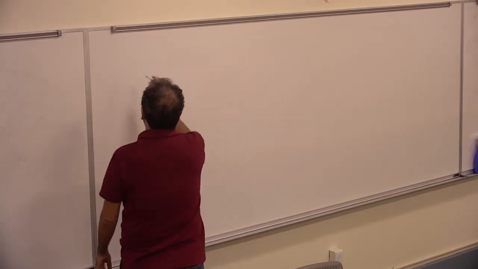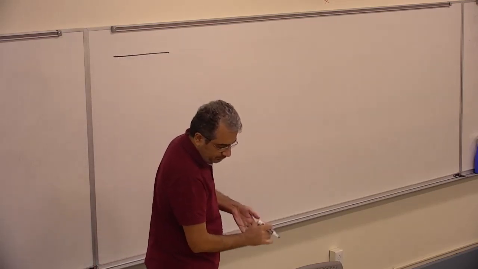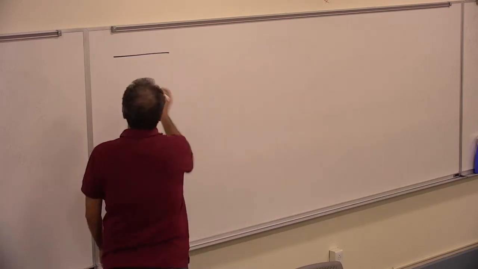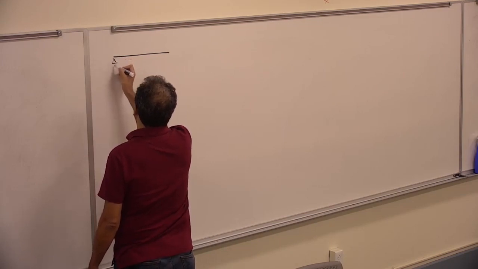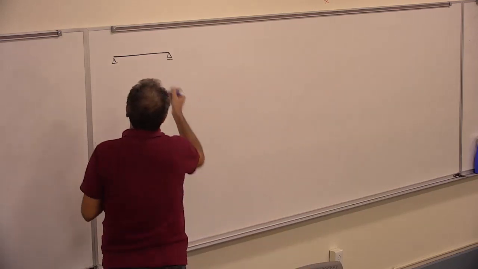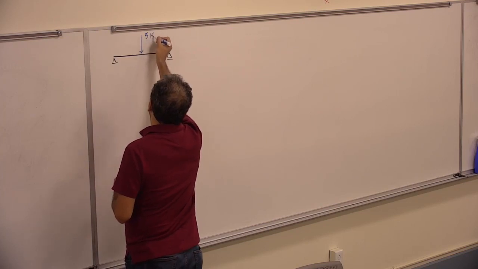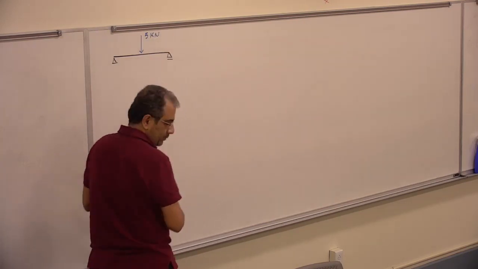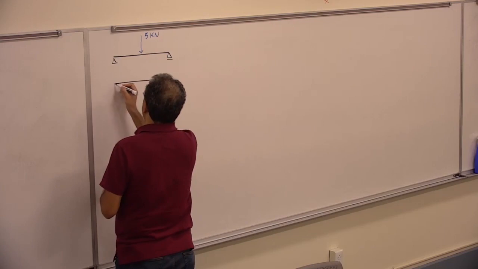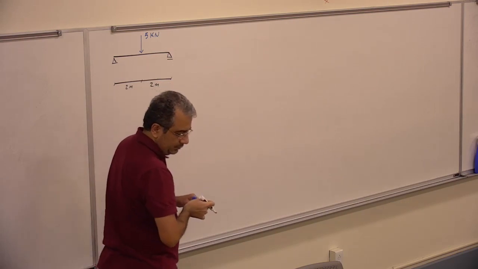Okay, first, it's a simple beam. Somehow I'm going to make it a little bit different from there to make it a little simpler. It's a simple beam, 5,000 newtons sitting right in the center of that, and 4 meters long, 2 meters to each side.